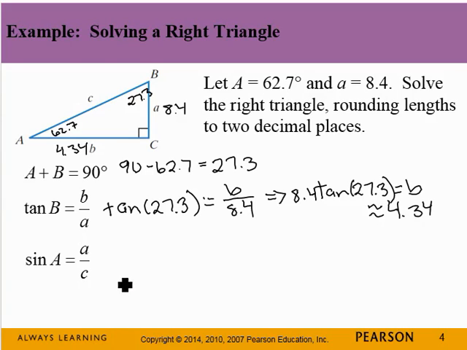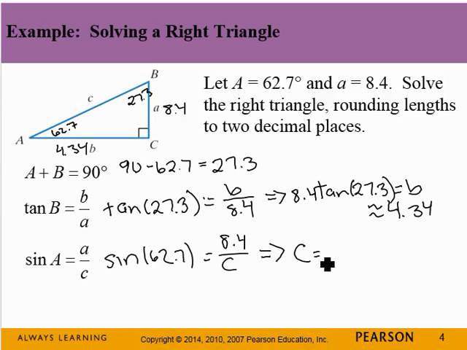So the next thing you're going to do is sine A equals A over C. This means we have sine of 62.7 equals A over C, and you're finding C. So you want to solve for C, which means you multiply both sides by C and then divide by your sine.